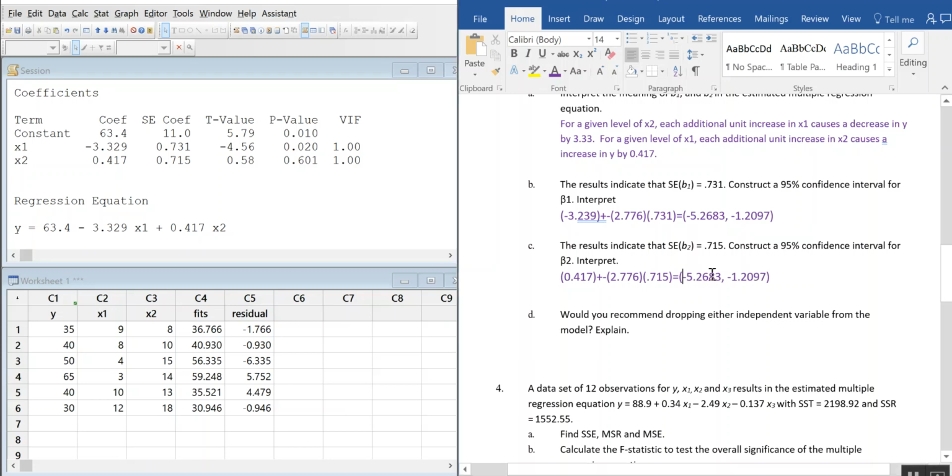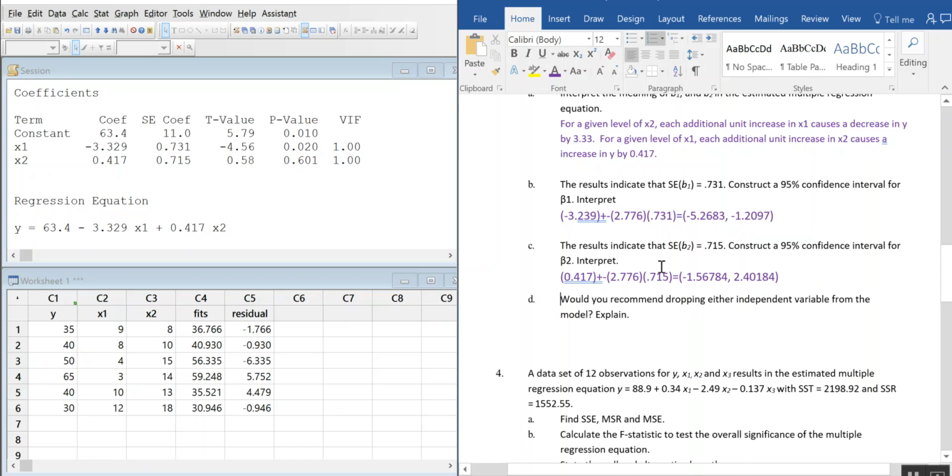Okay, so I calculated these and I got the following. This is negative 1.56784, and this is up to 2.408184. Okay, one of these things is definitely not like the other. When we hit part D, I know exactly who I'm getting rid of.